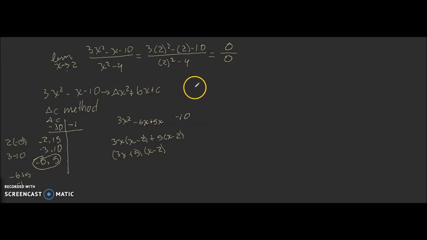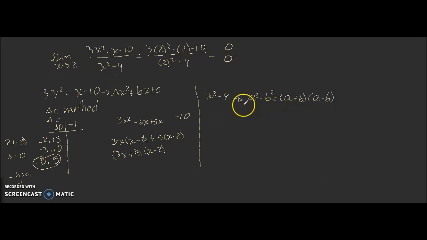Now, I'm going to take the other expression, which is x squared minus 4. There is a factorization formula that says that if you have the difference of squares, for example, a squared minus b squared, this is equal to the sum of the two multiplied by the difference of the two.